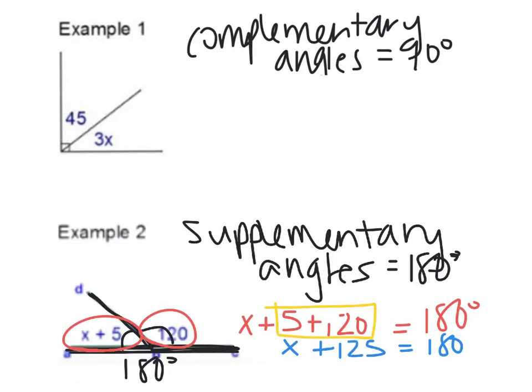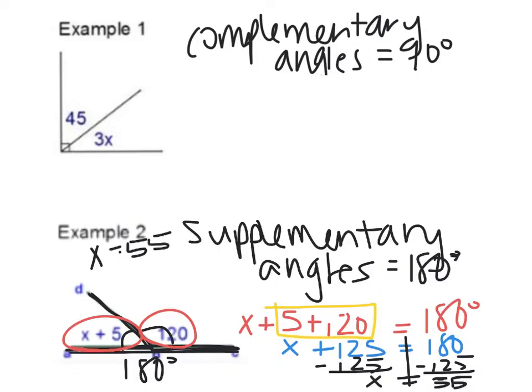So I'm going to go ahead and draw my line down through the equal sign, subtract 125 on both sides, and figure out that x is equal to 55. And I'll rewrite that so it looks a little nicer. So x equals 55.